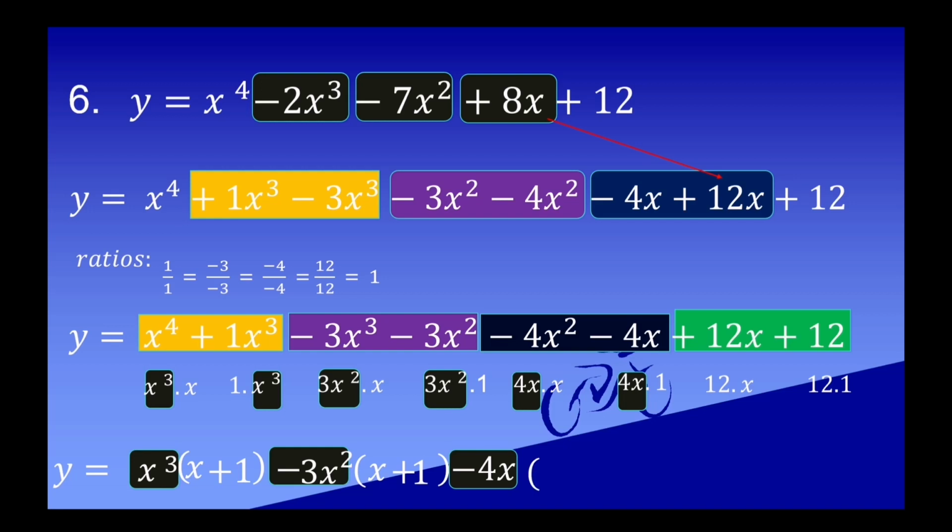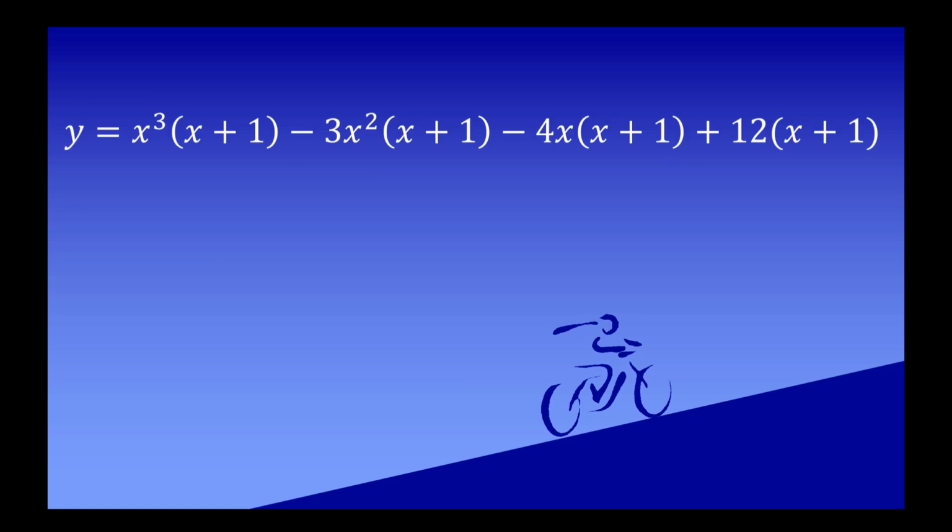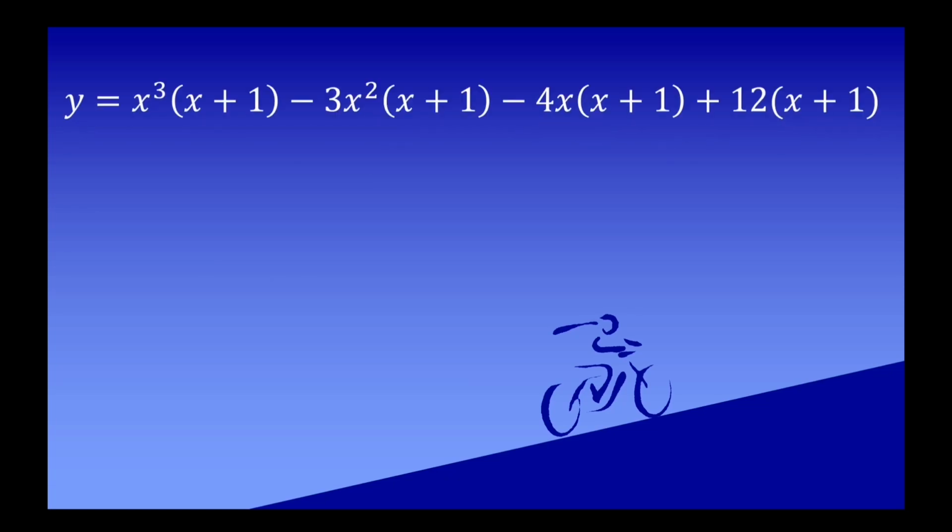Then the remaining term is x, then plus 1. Then the last two terms, our GCF is 12. Then copy the x plus 1. This time our new equation has the same factor, that is a quantity of x plus 1.